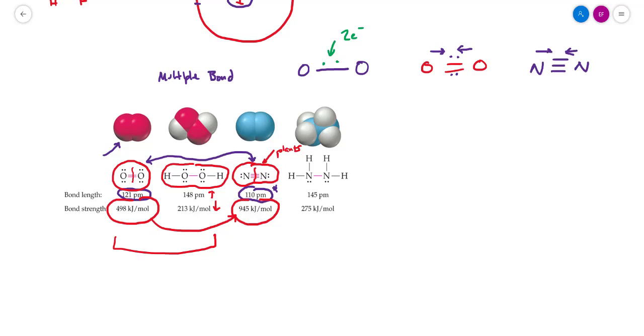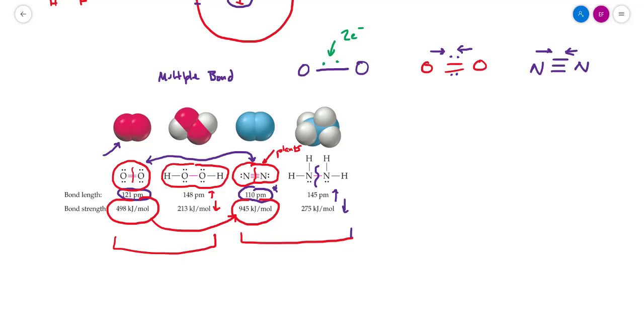The same can be done in a side-by-side comparison between nitrogen and this compound here, where we're comparing a triple bond to a single bond. With nitrogen the length gets a lot bigger, and in doing so the strength decreases significantly, from 945 to 275. So this is a much easier bond to break compared to that triple bond.